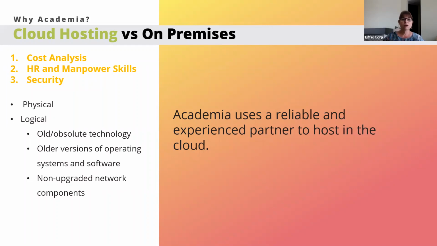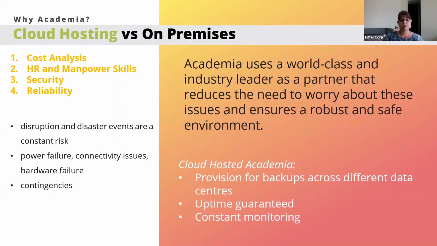Those are all dangerous security components if not maintained in the right way, which will not be your problem and not your responsibility if the system is hosted in the cloud. So where does academia stand on that? We use a reliable and experienced partner to make sure that when we host you in the cloud, you do not need the extra resources to maintain the security of your institution's system.